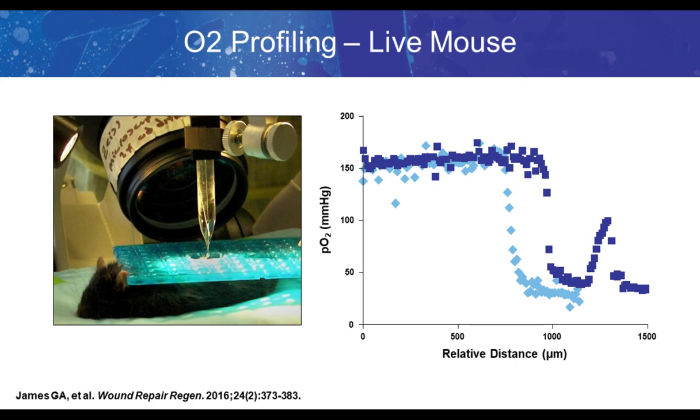And, you know, in the dark blue circles, it comes up a bit near the end and then goes back down. That could be due to a pocket within the biofilm or wound, or it could be oxygen coming from the wound bed, from blood supply. But regardless, we see this steep oxygen gradient. And if we excise that wound from the back of the mouse and put it on a Petri dish and profile it again, we still see that same oxygen profile, okay?